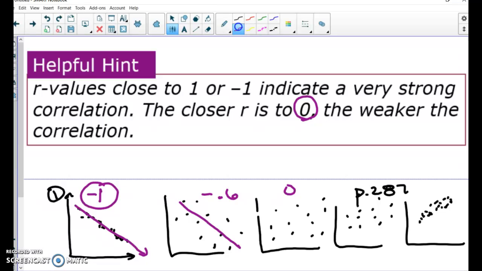Going the other direction, in comparison, we see somewhat of a correlation, and we do see a positive trend. So we would expect that R value, should have been writing those in, to be roughly or close to 1/2. A loose correlation, a weak correlation, but not as weak as 0.